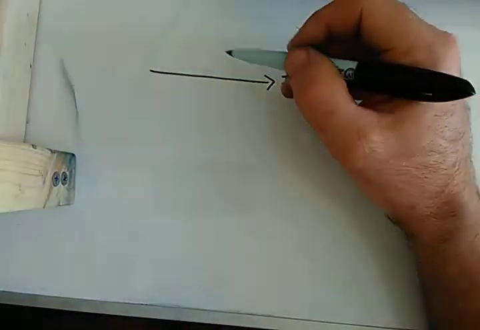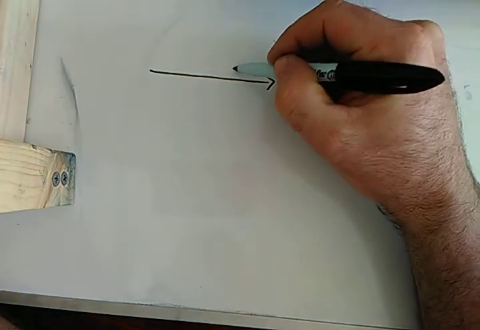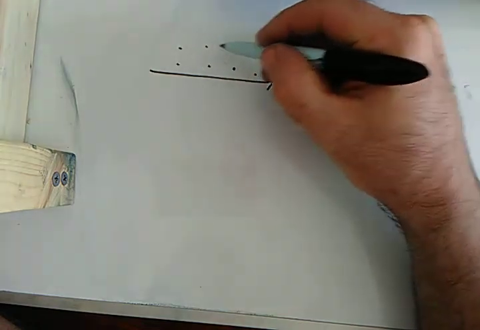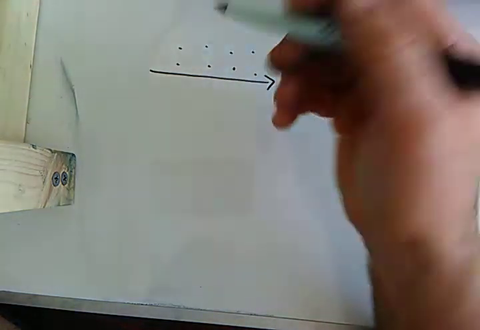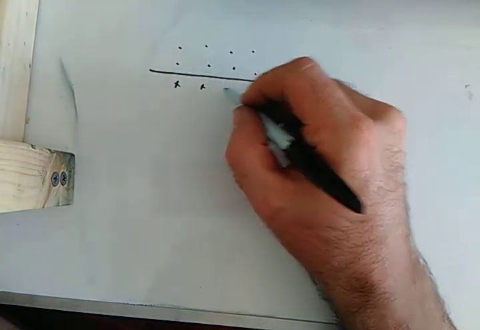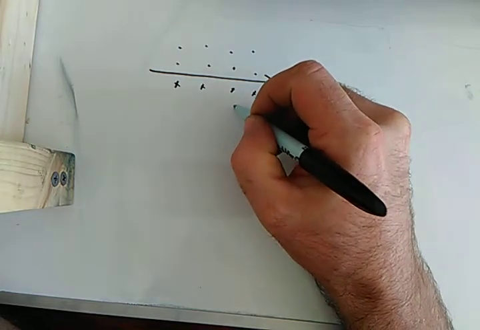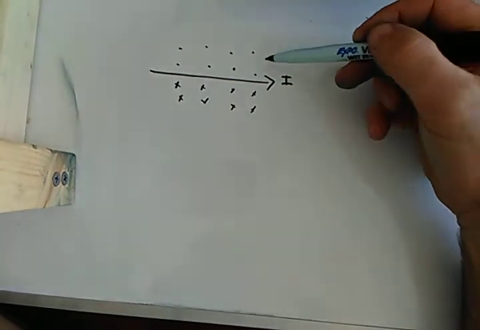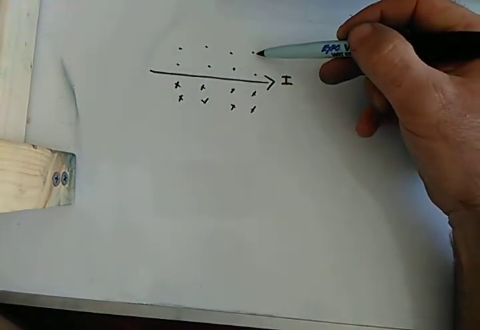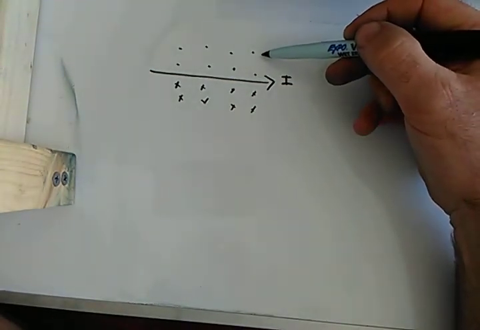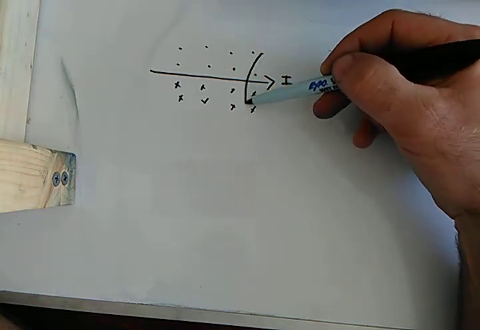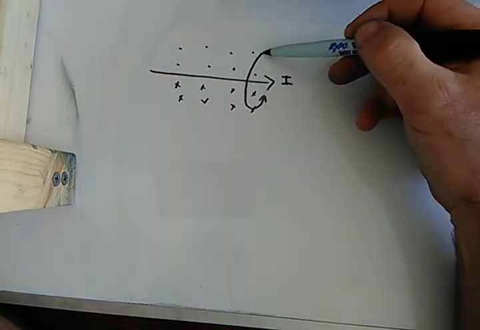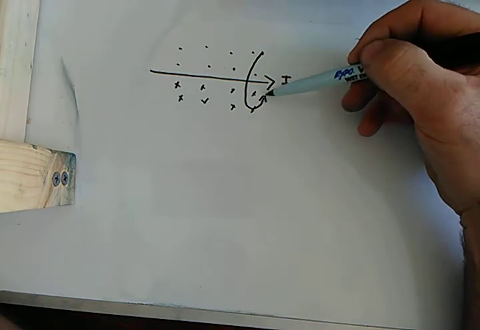This would be coming out of the paper, and into the paper, if this were a piece of paper. Coming out of the paper, going into the paper.